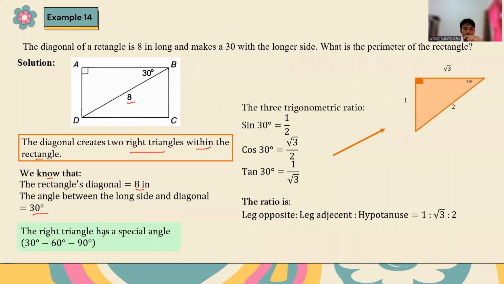So the right triangle is special: 30 degrees plus 60 degrees is equal to 90 degrees. So we use the three trigonometric ratios.